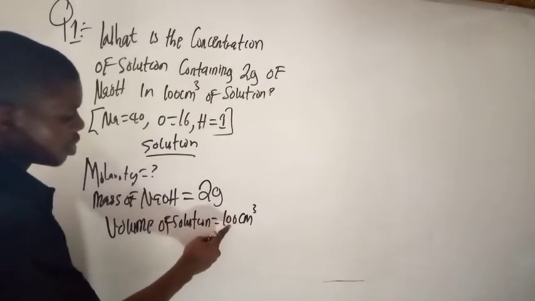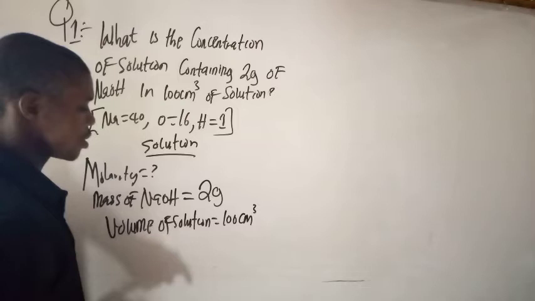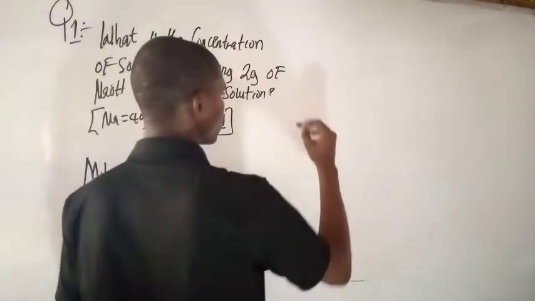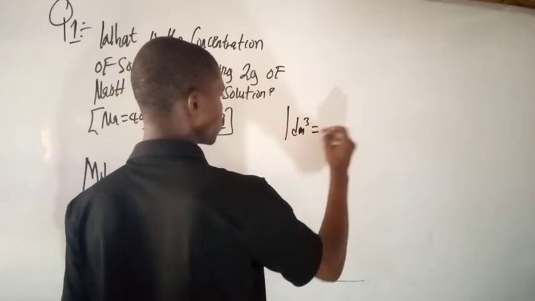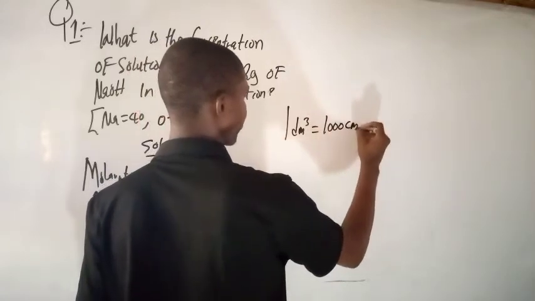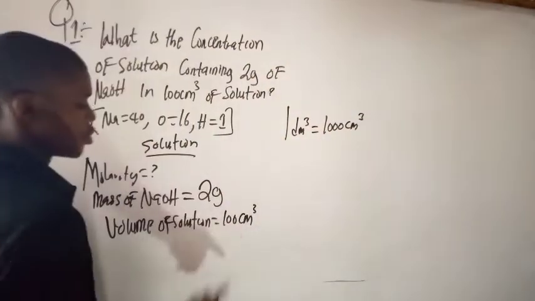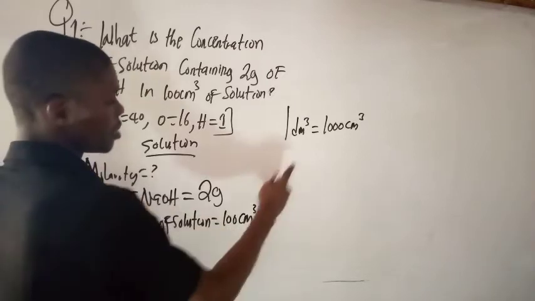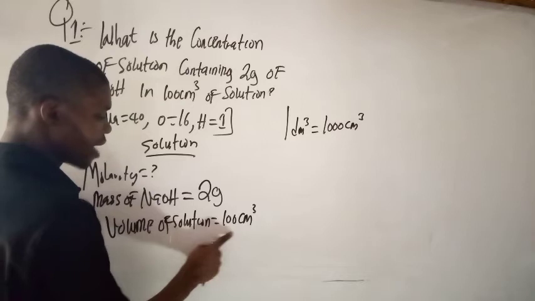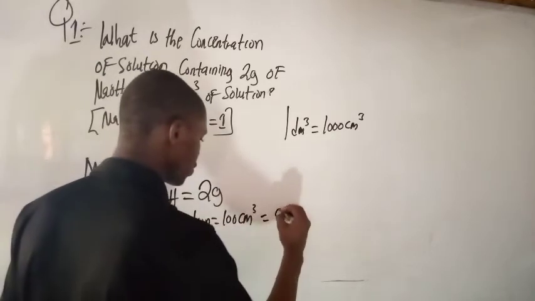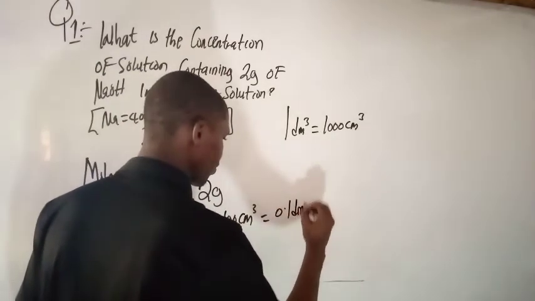So you must convert cm cubed to dm cubed. Remember, 1 dm cubed is equal to 1000 cm cubed. To convert cm cubed to dm cubed, you divide by 1000. If you divide it by 1000, you get 0.1 dm cubed.